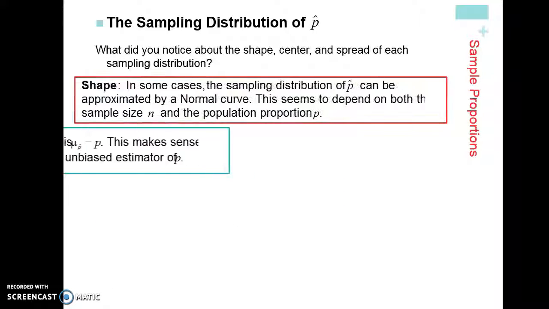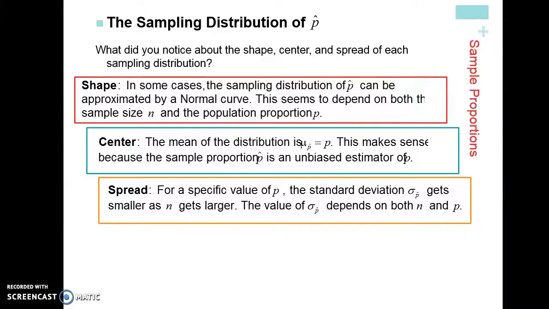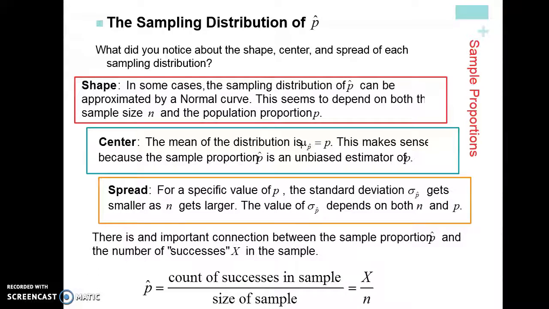Alright, so what we need to look at for sampling distributions, now this is back to sock, right? So you want to look at the shape, center, and spread of them, right? For the sampling distribution, we want it to be normal, okay? Because that's the only thing we know how to work with. We want the shape to be normal.